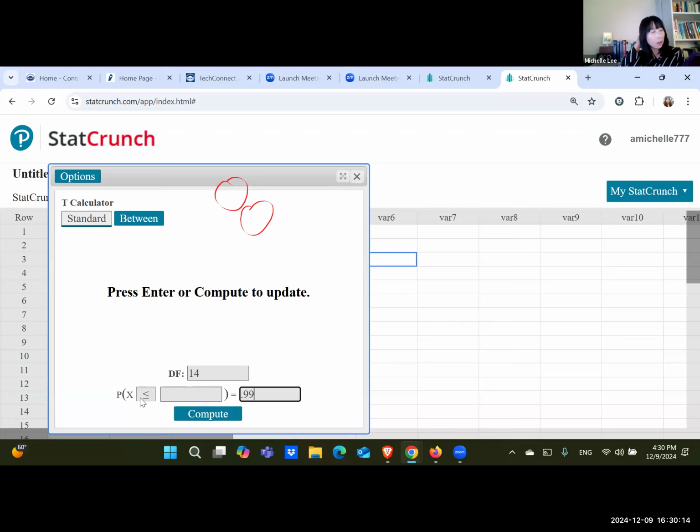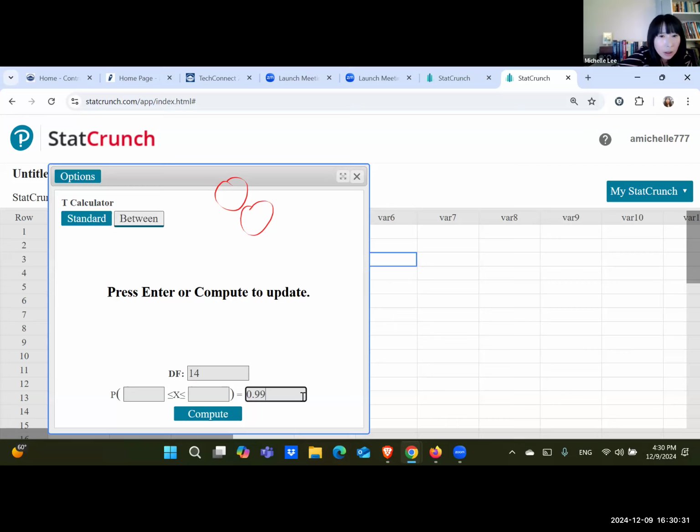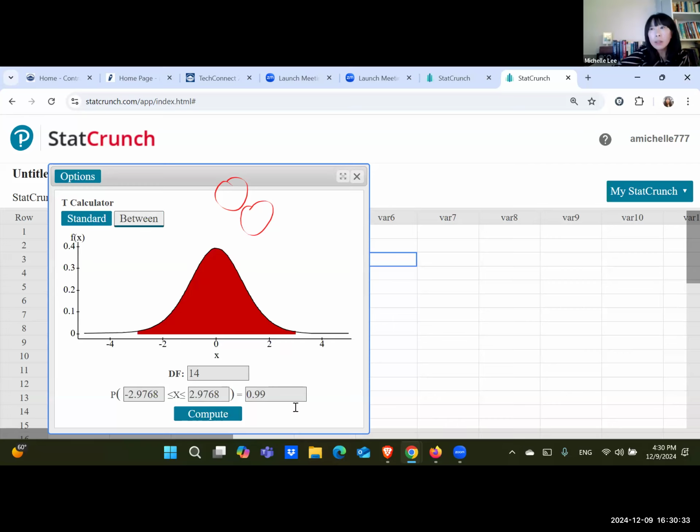Then we knew that there is a between, and we are using the bigger number, 0.99 again. And we are using the positive number, so there will be 2.97. How many decimals do they want? They don't say anything. If they don't say anything, just copy and paste.